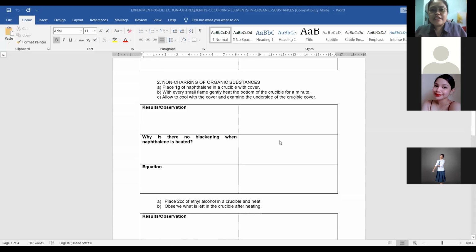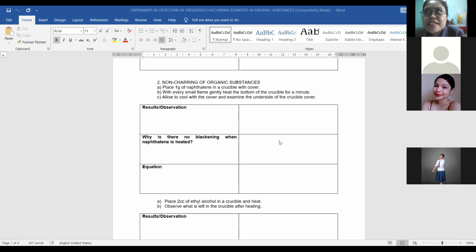But we have organic substances that do not char. Examples are naphthalene and ethyl alcohol. Naphthalene, remember, in the previous experiment, when you heat naphthalene, it becomes a gas. Naphthalene contains carbon but it will not produce charring.